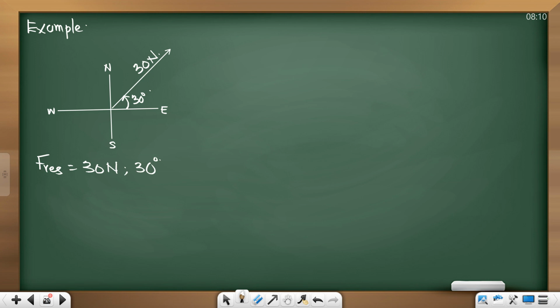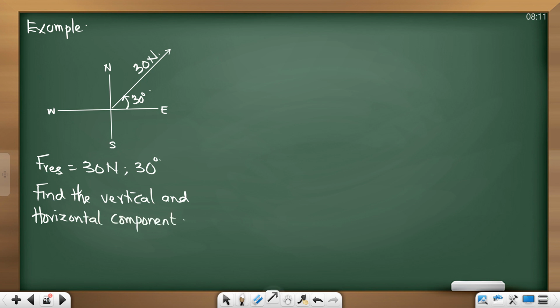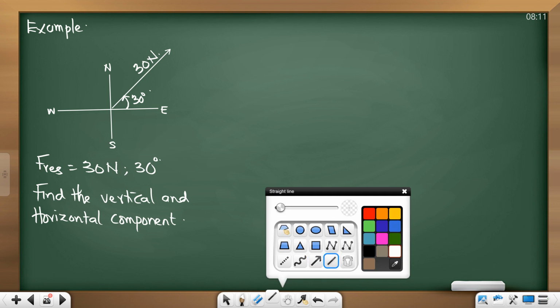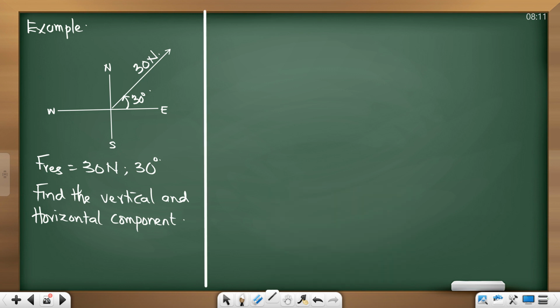This is the example. Here's the question: find the vertical and horizontal components.